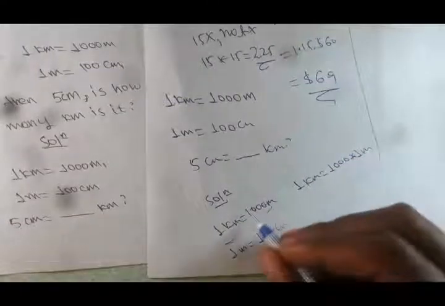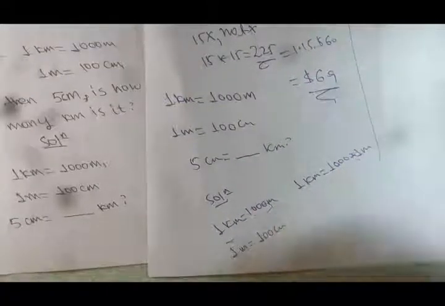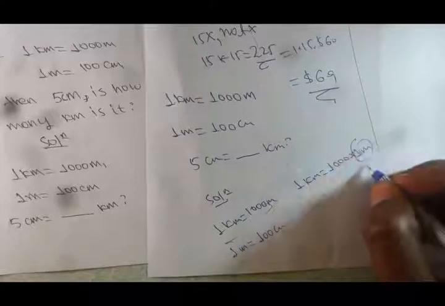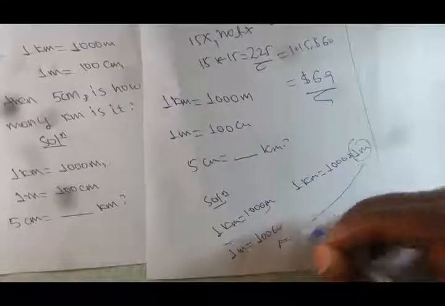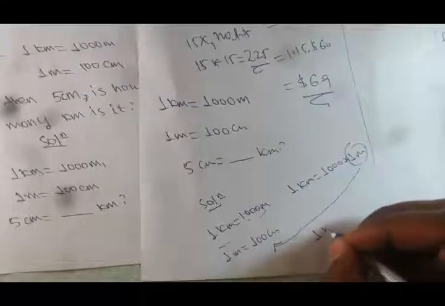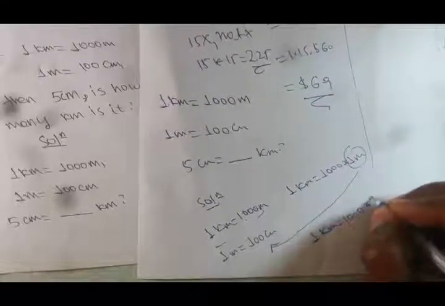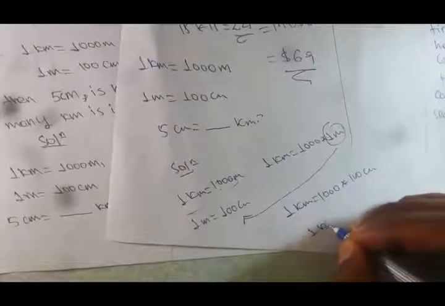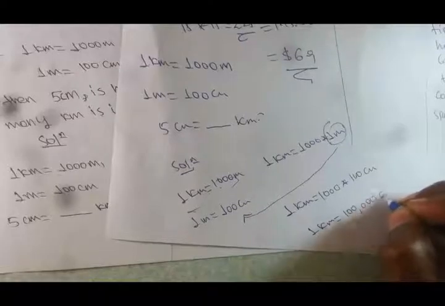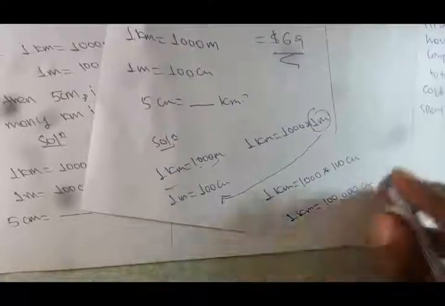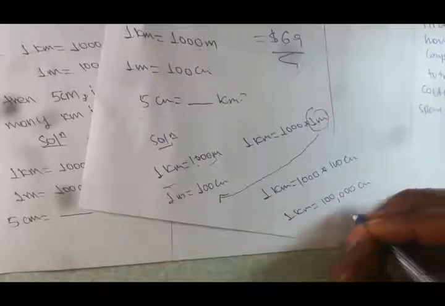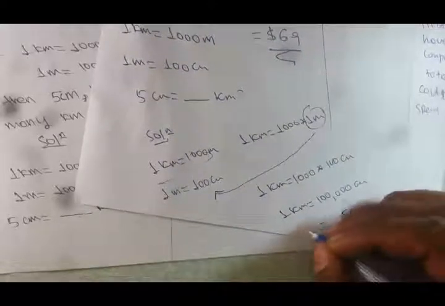We know that 1 meter is equivalent to 100 centimeters. Therefore 1 kilometer is equal to 1000 times 100 centimeters, which is 100,000 centimeters. We are asked to find 5 centimeters, how many kilometers?